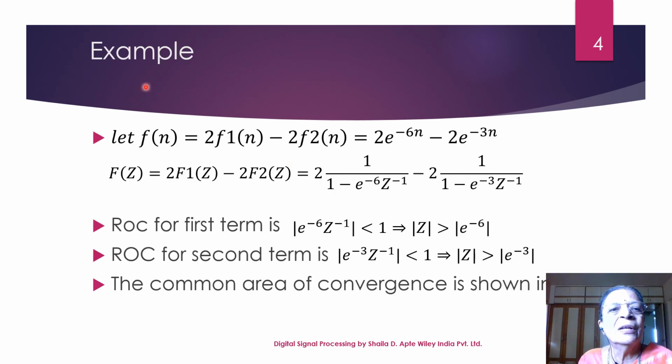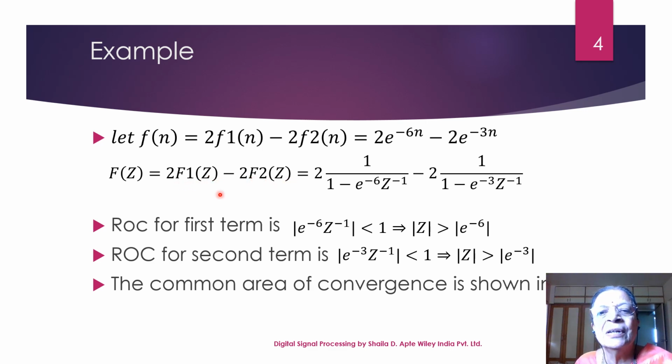Now consider one example. In this case, f1(n), that is first sequence, is given by e raised to minus 6n and f2(n) is e raised to minus 3n. We have linearly combined these two sequences. What will be the Z transform of the linear combination? So F(z) will be written as twice F1(z) minus twice F2(z).